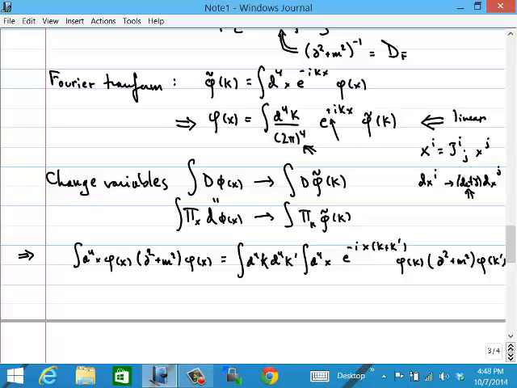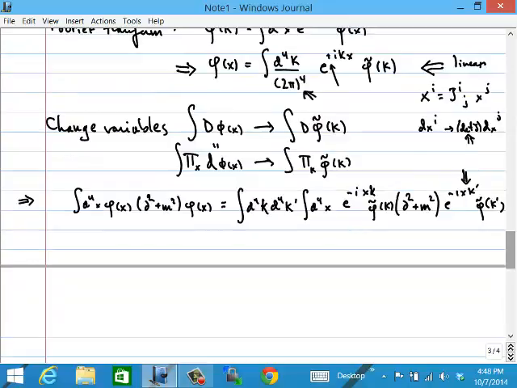The first thing to notice, sorry, I was a little sloppy here. I wrote down slightly the wrong expression. I should write this as e to the minus ikx phi tilde of k times the derivative operator acting on e to the minus i k prime x phi tilde of k prime. And that derivative operator just acts on this term right here, and it just brings down a factor of minus k prime squared.